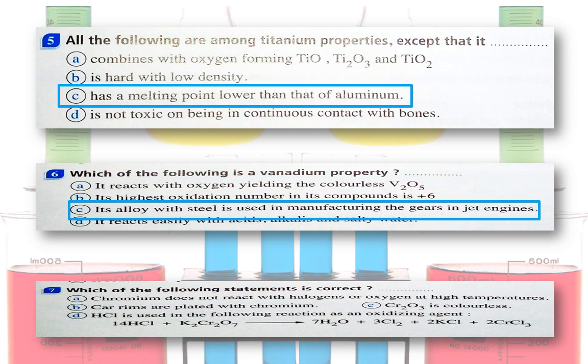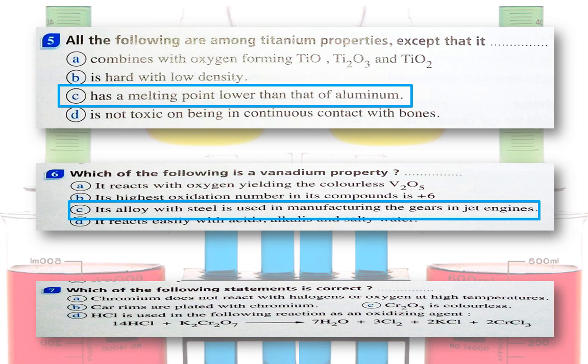Another question. Which of the following statements is correct? We have here chromium doesn't react with halogens or oxygen at high temperature. Car rims are plated with chromium. Chromium(II) oxide is colorless. HCl is used in the following reaction as an oxidizing agent.